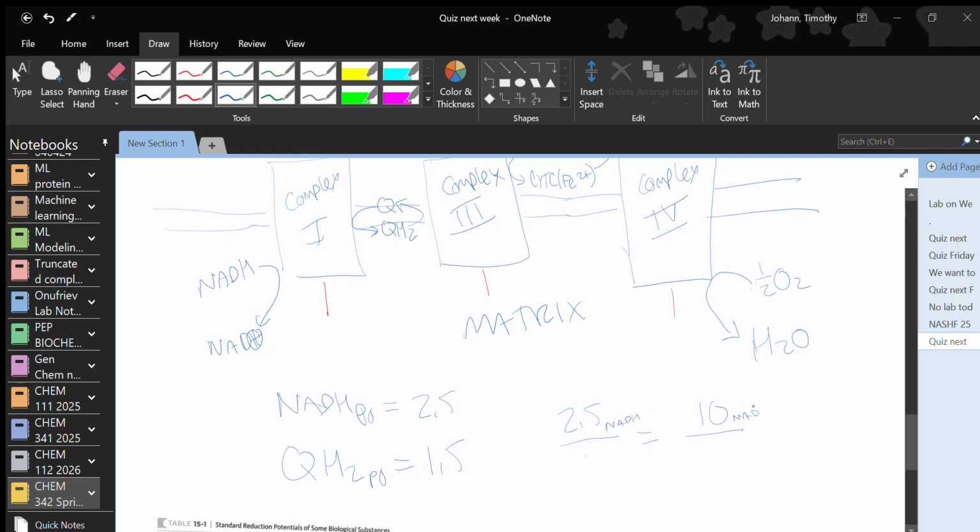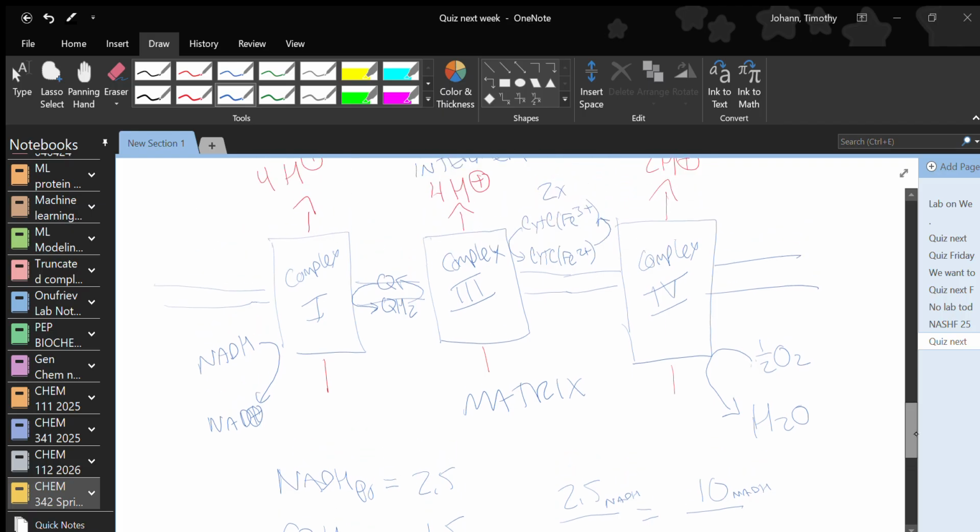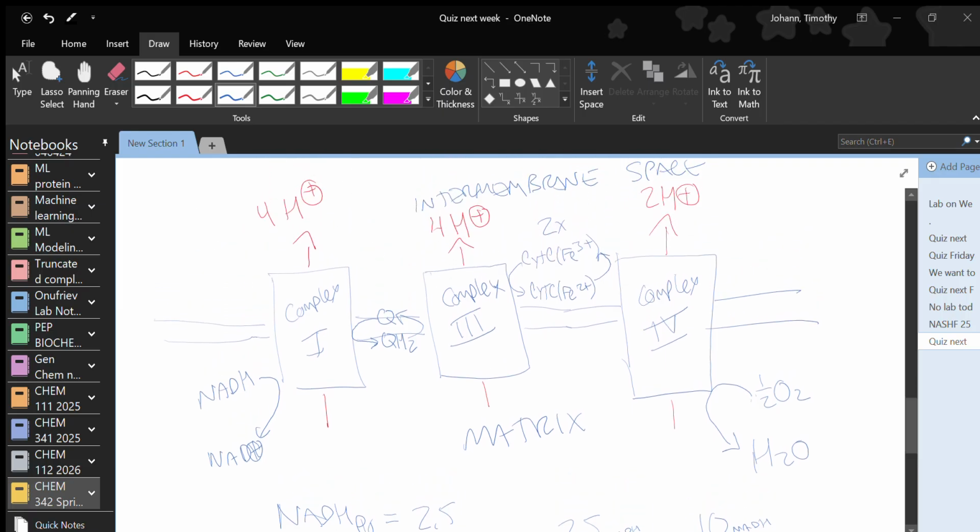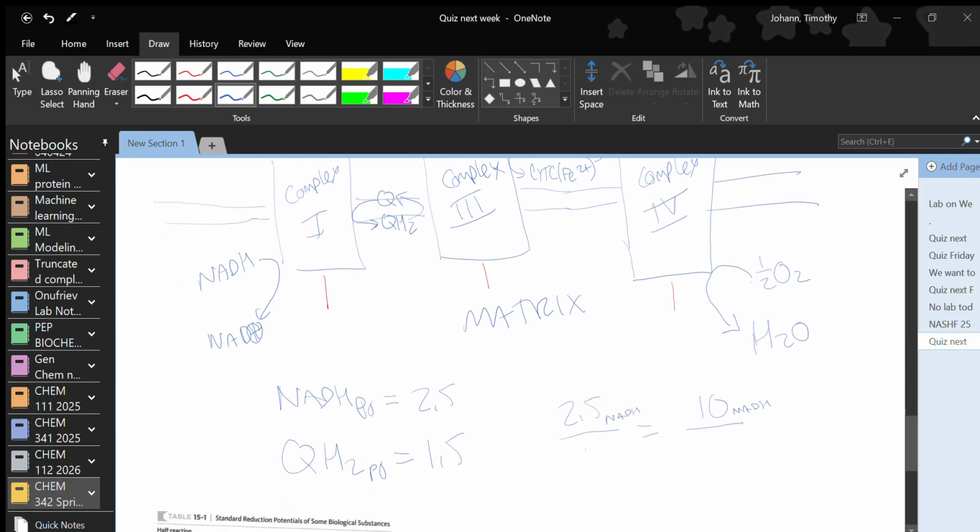And then what if we took ubiquinol, where would we start? Ubiquinol comes in, and this is just in the membrane, not on one side or the other. It's 6, right? So 1.5 for ubiquinol and 6.